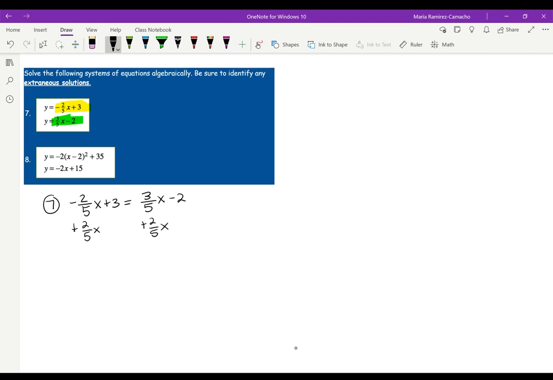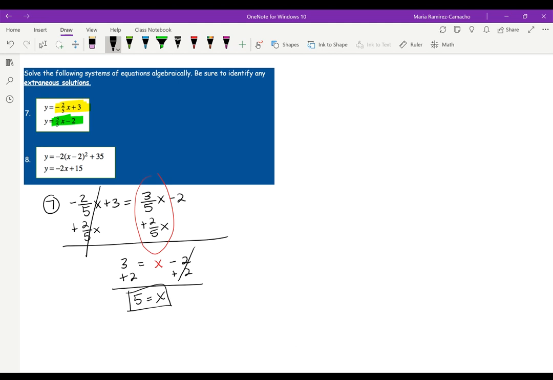Typically I would start by rewriting this equation to get rid of the fractions, but when I add the 3/5 x and the 2/5 x, that makes one whole x, since we get 5/5, which is kind of nice. We get 3 equals x minus 2. If we add 2 to both sides, that is 5 equals x.